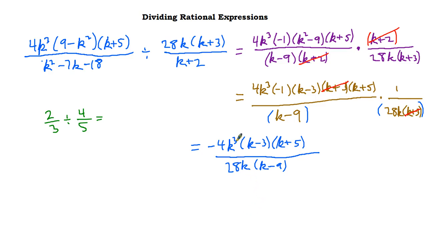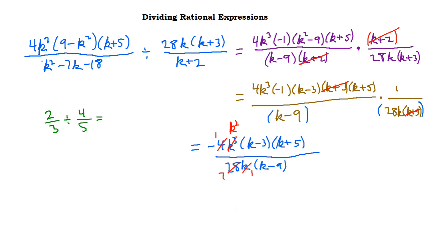Now, since I have k cubed on top and k on the bottom, I can cancel. When I do, this gets me k squared on top and simply 1 down below. And 4 and 28 cancel. That gets me 1 up here and 7 down here. And so we'll rewrite all that.